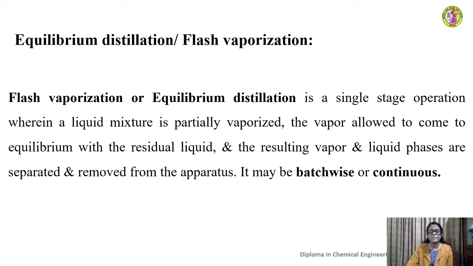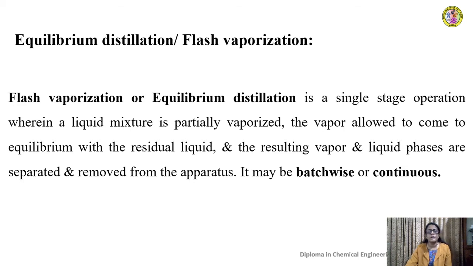So what is equilibrium distillation? A flash vaporization or equilibrium distillation is that distillation operation which is actually a single stage operation in which the liquid mixture is partially vaporized and the vapor is allowed to come to equilibrium with the liquid phase, and the resulting vapor and liquid phases by that contact are separated and removed from the apparatus and taken out as products.